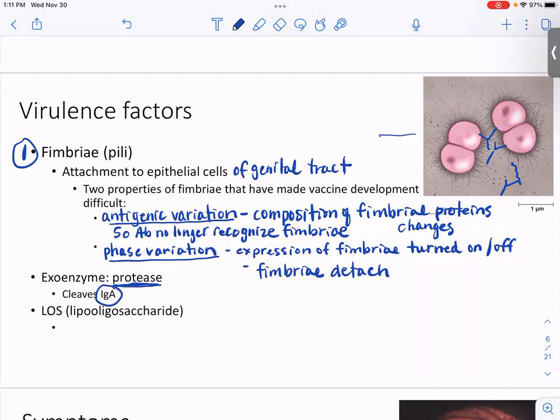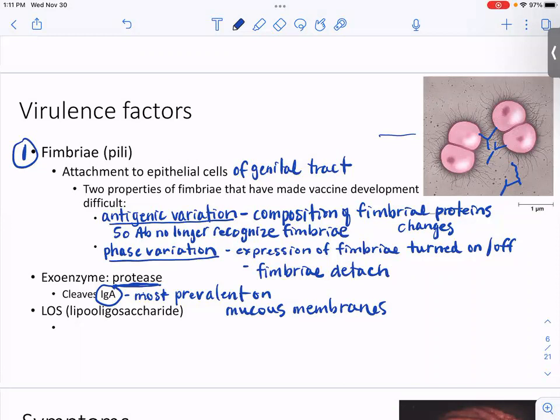And remember where we find most IgA, it's most prevalent on the mucous membranes. Okay, so the primary antibody found on mucous membranes. So, you know, it's an arms race, right? We make the antibodies, and the organism makes something else to try to overcome that.